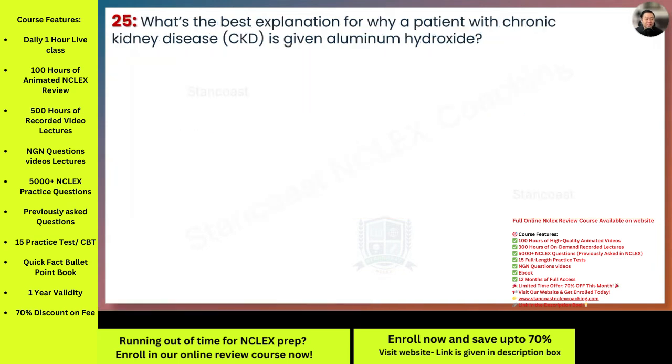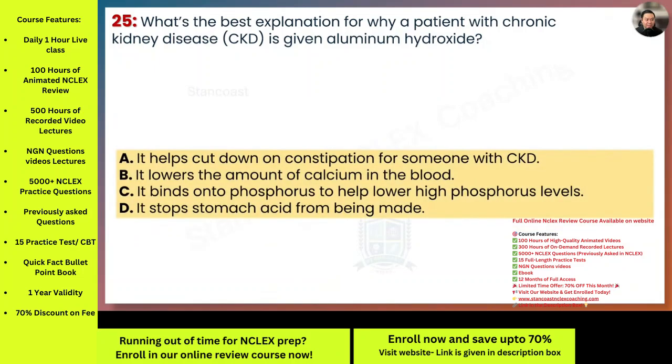25. What's the best explanation for why a patient with chronic kidney disease is given aluminum hydroxide? Options. A, it helps cut down on constipation for someone with CKD. B, it lowers the amount of calcium in the blood. C, it binds onto phosphorus to help lower high phosphorus levels. D, it stops stomach acid from being made.